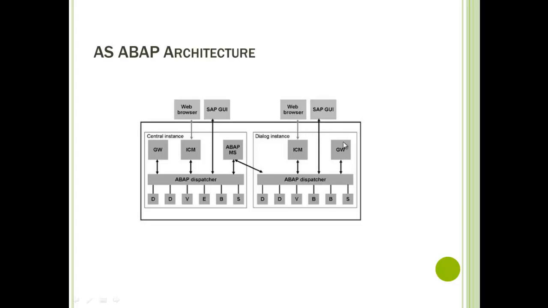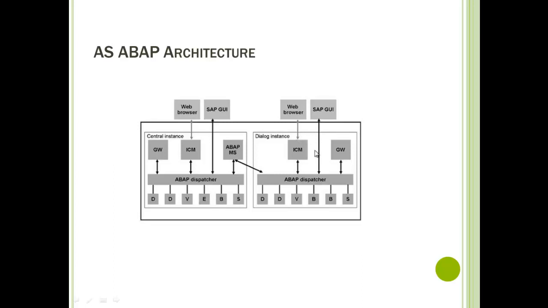If you see in the central instance, it is identified by the fact that the message server and the enqueue server work there. In the central instance you can see dialog, update, enqueue, background and spool.